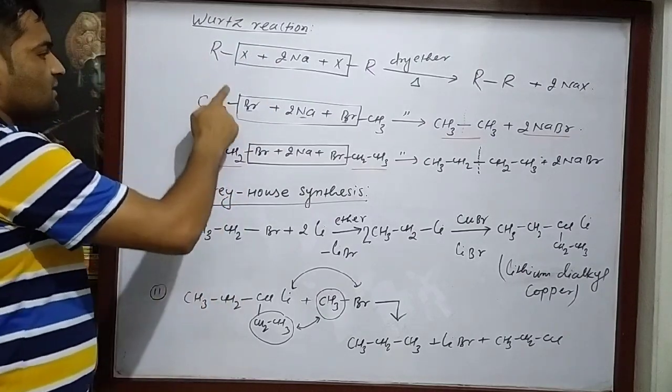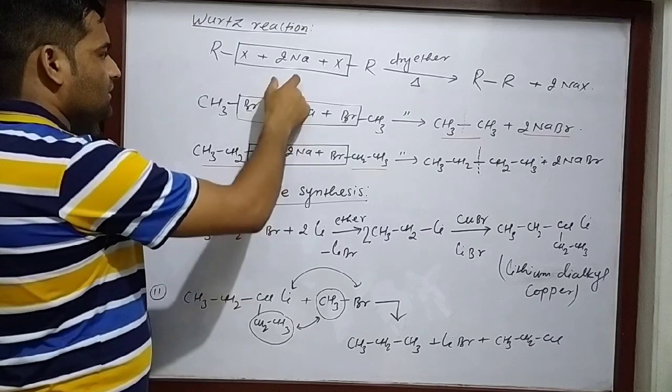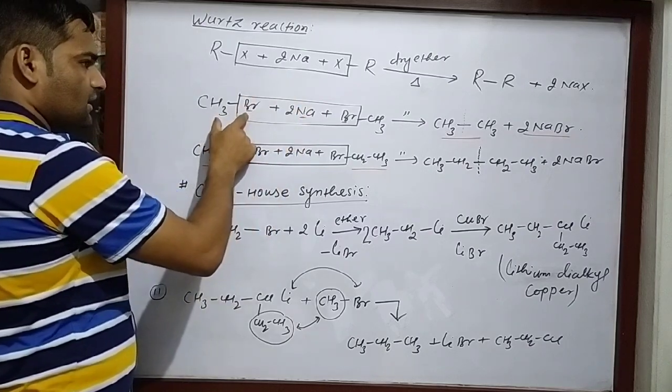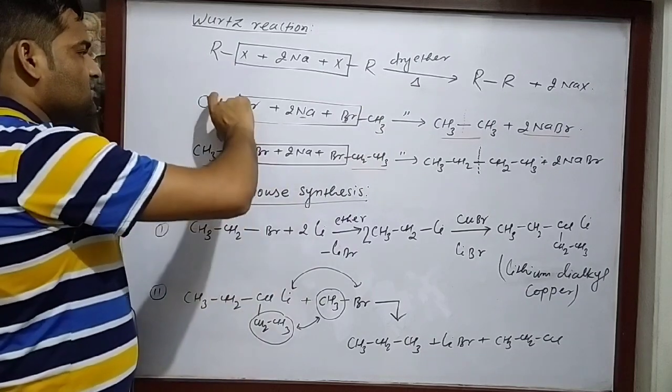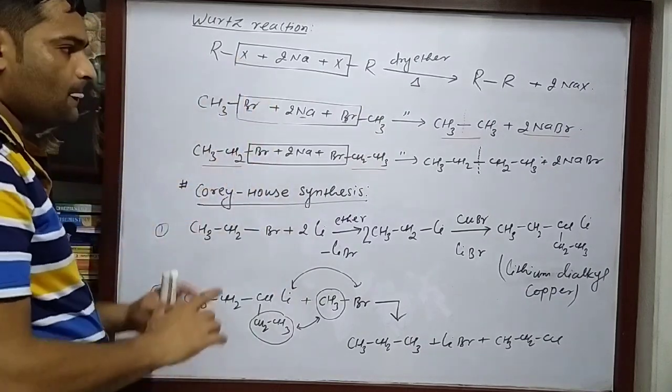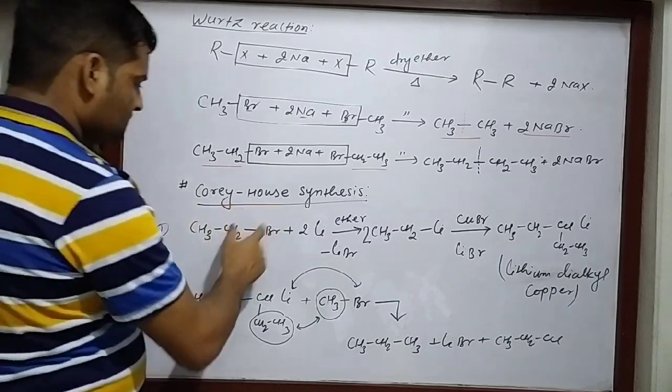In Wurtz reaction only one type of alkyl halide is involved. If we use a mixture of alkyl halides, it gives a mixture of alkanes, and it is very difficult to separate a mixture of alkanes.